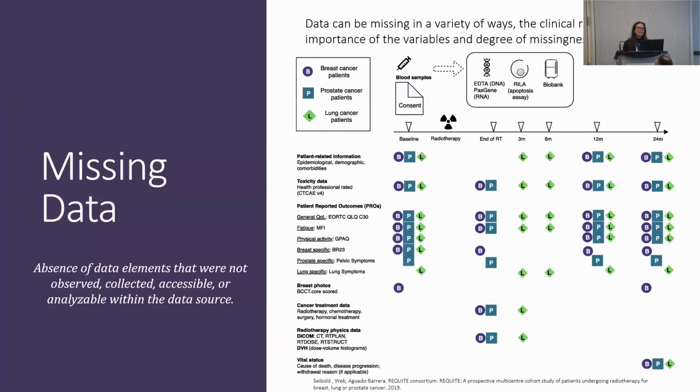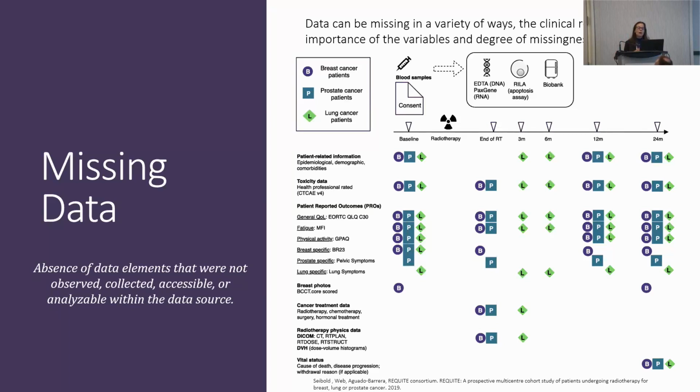Missing data is also a concern: absence of data elements that were either not observed, collected, accessible, or analyzable within the data source. Missing data comes in a variety of ways. So, it can be missing at random, which I think is pretty rare, or in various other contexts.